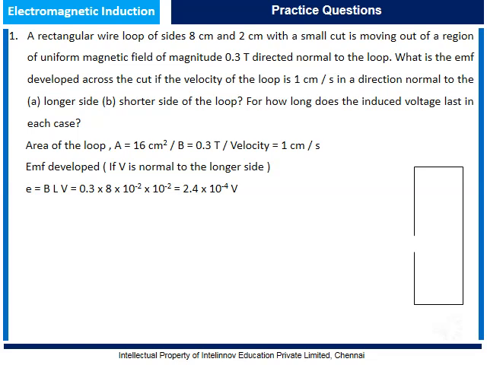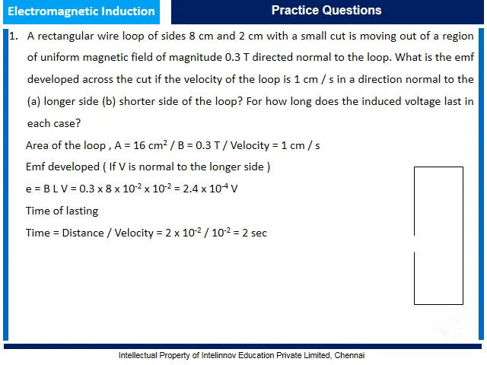So 0.3 into 8 into 10 power minus 2 into 10 power minus 2 gives us 2.4 into 10 power minus 4 volt. Time of lasting in this case is given by time equal to distance by velocity, which is 2 seconds. That is the EMF developed when velocity is normal to the longer side. It lasts only for 2 seconds.